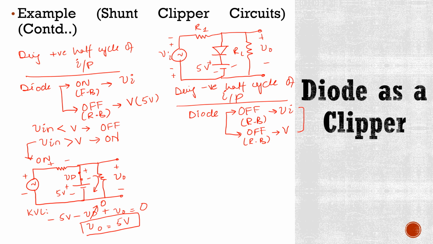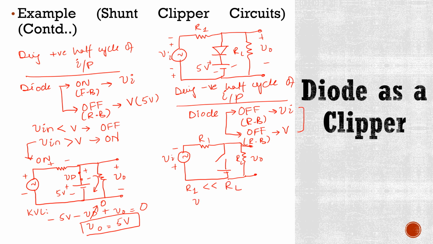In this case, this circuit will be like this. Here we have V naught, R1, RL, and again we assume that R1 is very small as compared to RL.